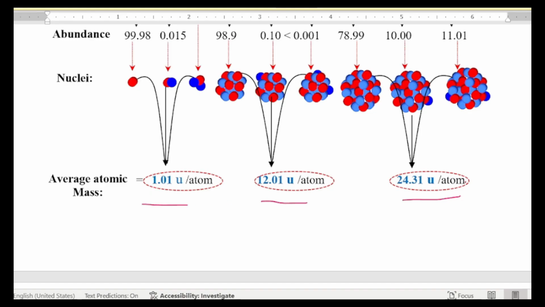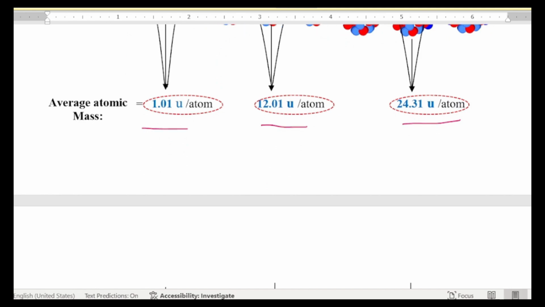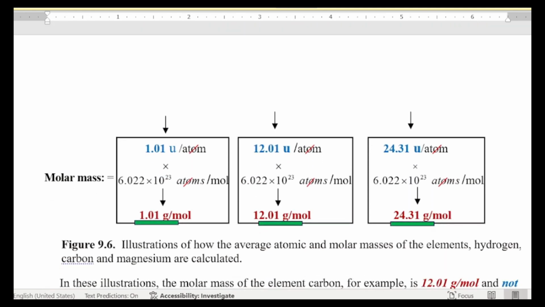What you do, we use these. You'll see this in the periodic table. Magnesium will be 24.31. You'll have to use that now, change it to grams, and use that as a molar mass. What we're showing here is how the molar masses for naturally occurring elements that have all their isotopes are found. This is done by multiplying their average atomic masses by Avogadro's number.